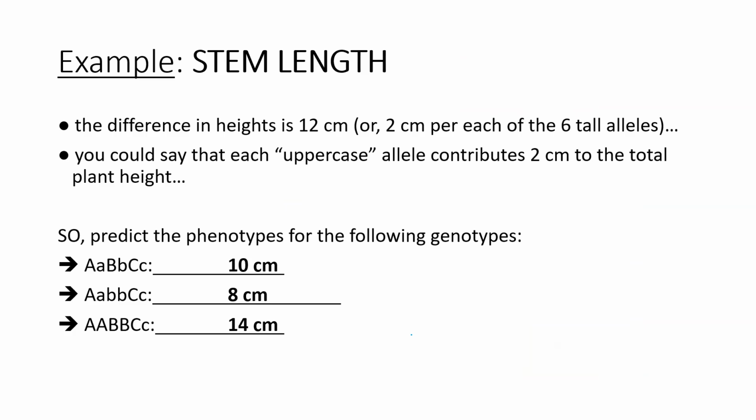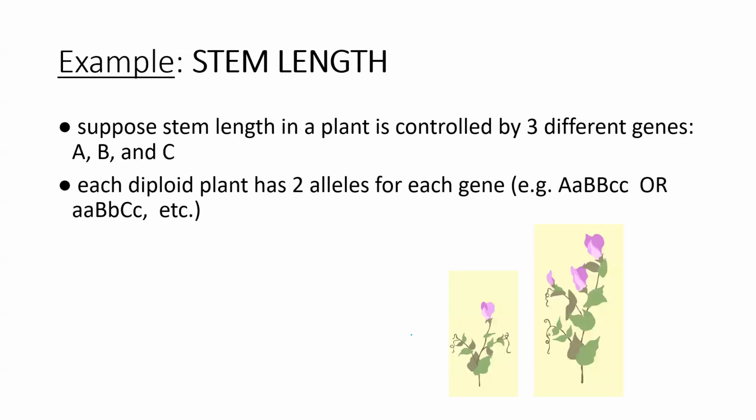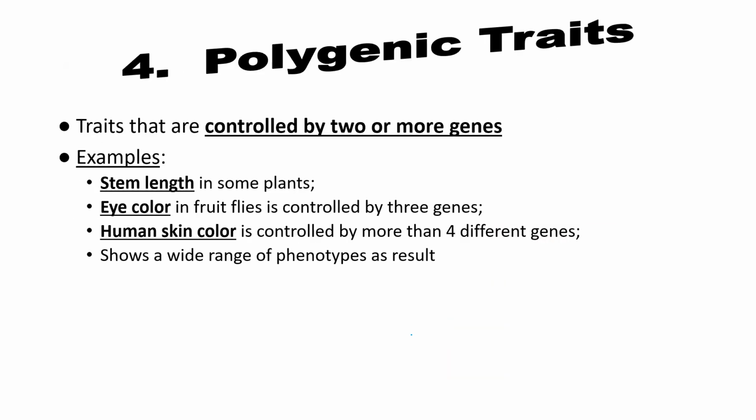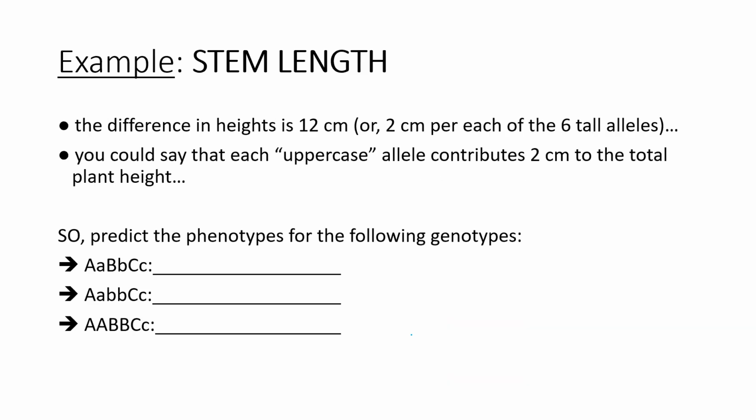Okay, the idea here is that each one of these genes adds to the length of the stem, right? Remember, we're looking at polygenic traits, right? So each dominant allele increases the height of the organism here. So when you have 3 dominant alleles, they all add additional height, which makes the plant taller, right?